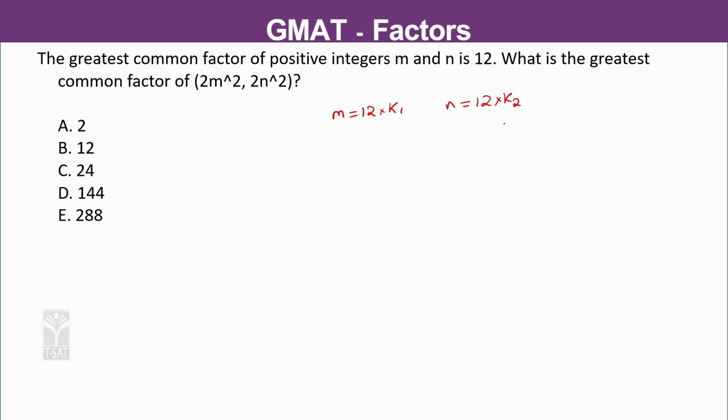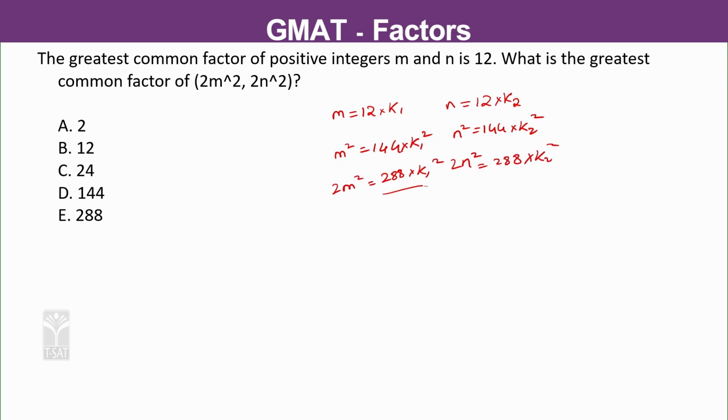They are asking us the common factor of 2m square and 2n square. Squaring on both sides, m square will be 144 into k1 square and n square will be 144 into k2 square. Now 2m square will be equal to 288 into k1 square, and 2n square will be equal to 288 into k2 square.